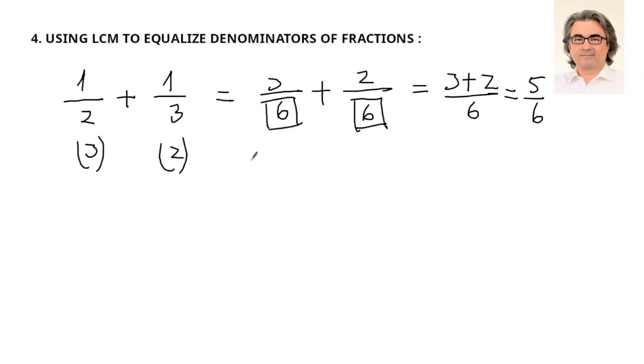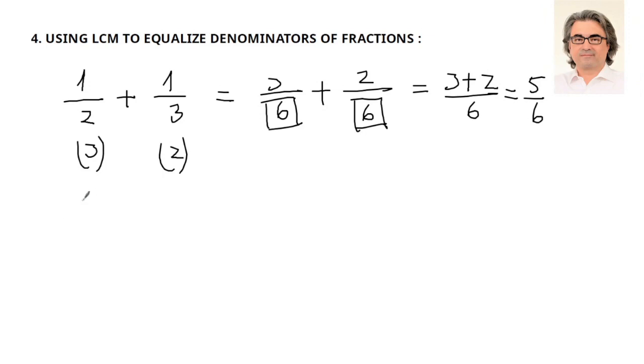Now, 6 is the least common multiple of 2 and 3. So, we are equalizing denominators when we are making subtraction and addition operations with fractions. We are equalizing their denominators in their least common multiple. This is the result. We always use this fact, but many of you don't know its meaning.